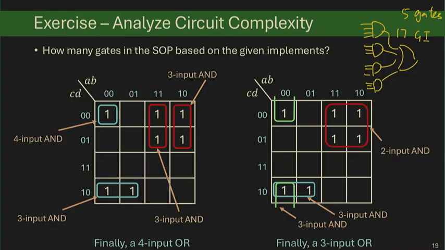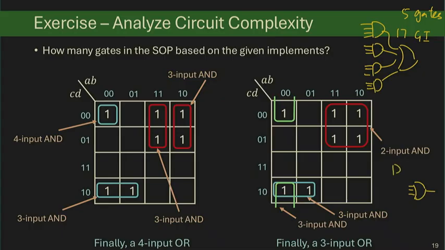The other implementation, now I have 3 terms, so I need a 3-input OR gate at the end. And now this 4 min-term implicant, that is A C prime, so 2 literals, that is a 2-input AND gate. And the other 2 min-term implicants get translated into 3-input AND gates.